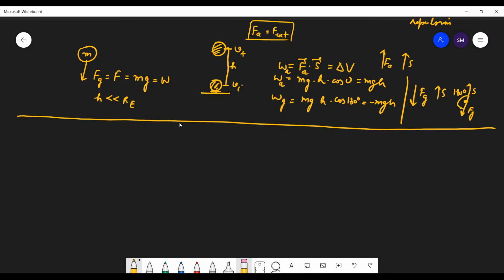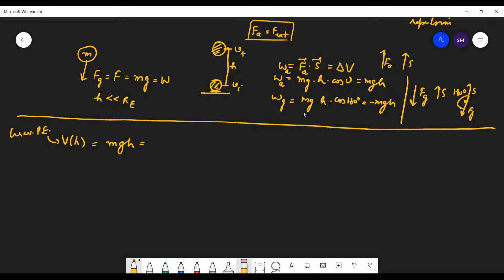Now you can clearly see that potential energy is a function of height. The more the height, the more the potential energy. So the gravitational potential energy of the object is a function of h, and we have seen that this equals mgh.